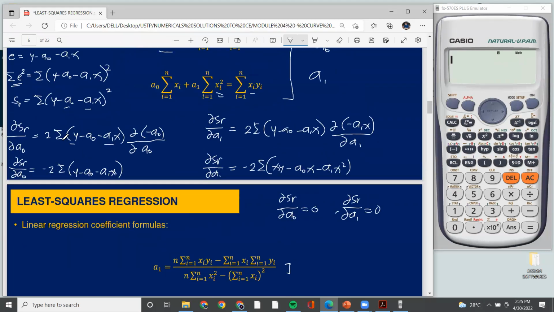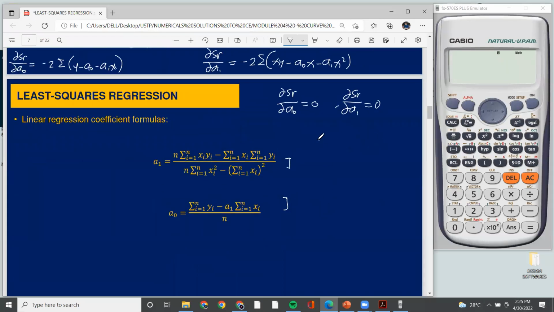So first is, since giset na nato siya 0, we have, copy nato siya with respect to a sub 0. Negative 2 summation of y minus a sub 0 minus a sub 1 x equals to 0. Okay? Then cancel si negative 2.